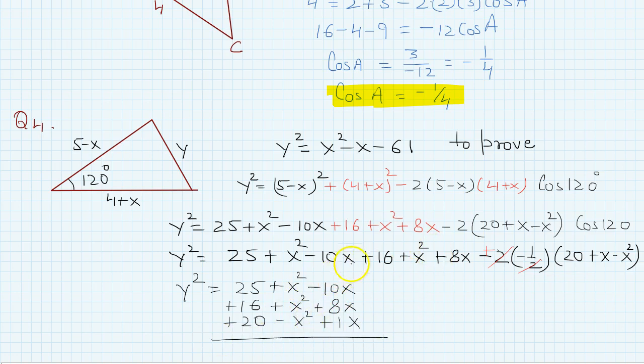So now y square is equal to, this is 61. This 2x square cancels, plus x square.